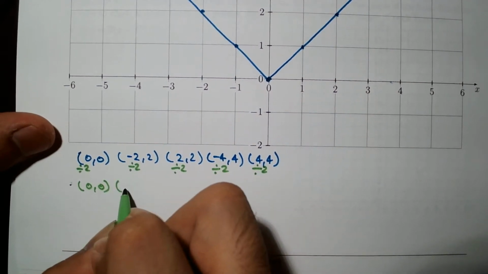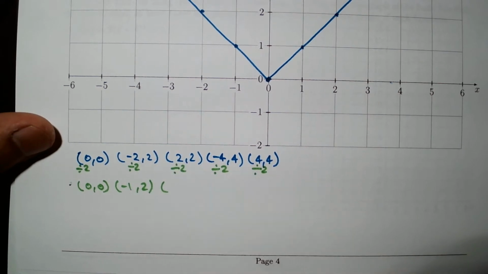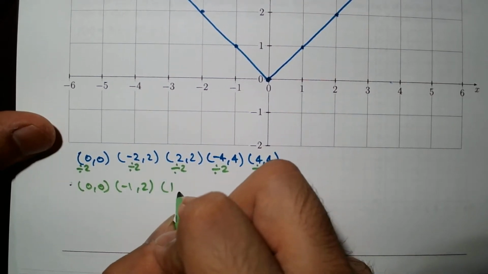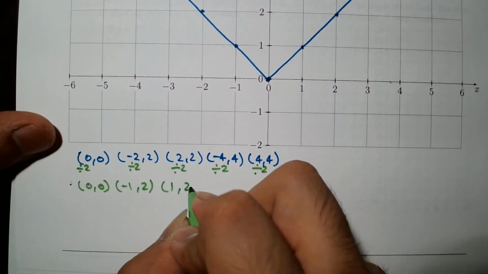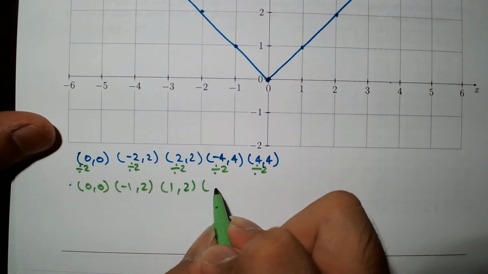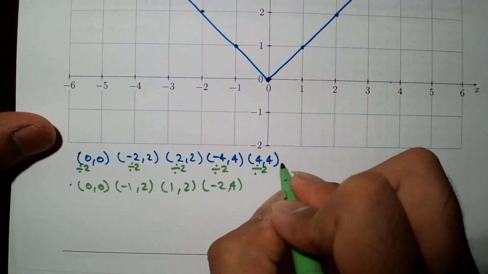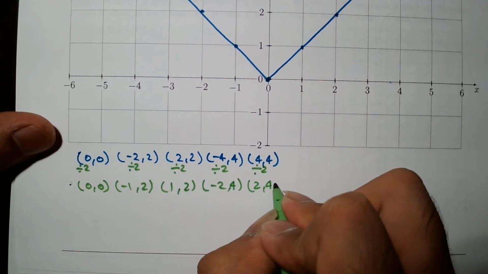Negative 2 over 2, that's a negative 1. The y remains the same. Negative 2 over 2, that's... positive 1. I mean, positive 2 over 2, that's 1. And 2 remains the same. Negative 4 over 2, it's a negative 2, 4. And then 4 divided by 2, that's 2, 4.